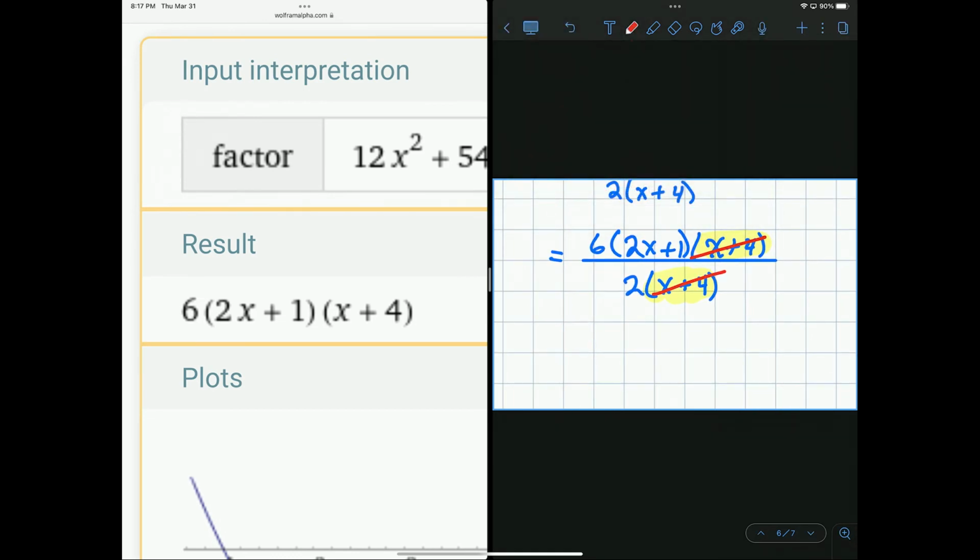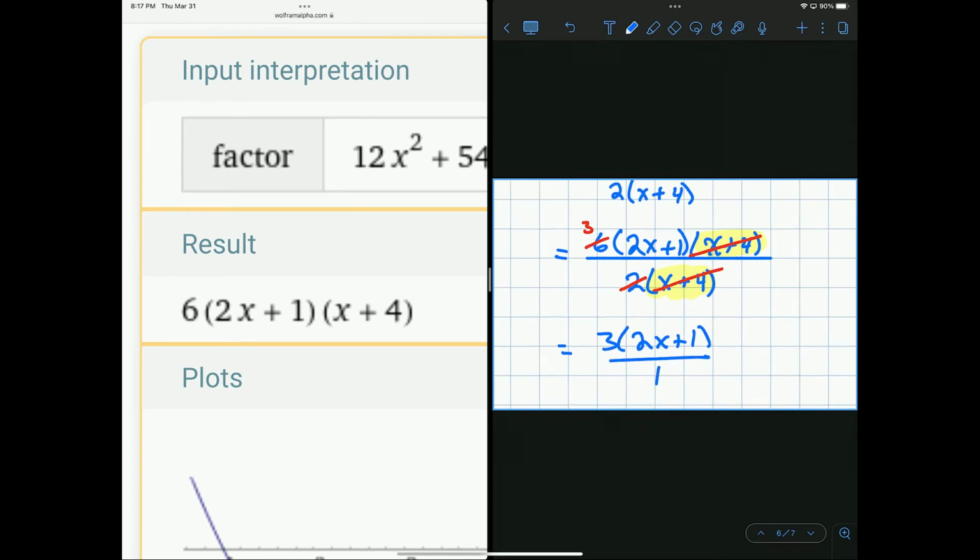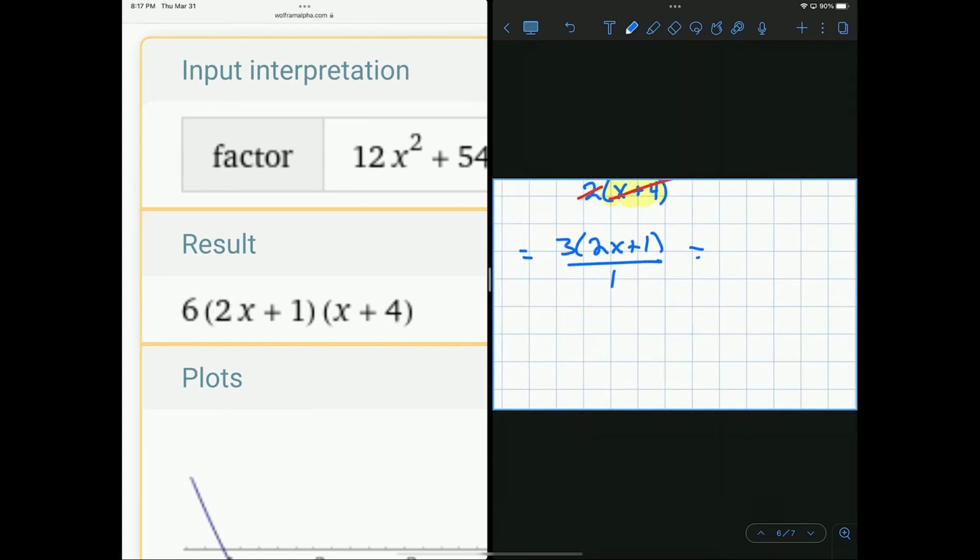You have a 6 and a 2, so you can cancel the 2 with the 6, leaving you with a 3, and you would end up with 3, 2x plus 1 over, oh, actually the entire denominator just canceled, right? It's just a 1 down there now. And then from there, maybe you actually just want to multiply this 3 back through and have 6x plus 3.